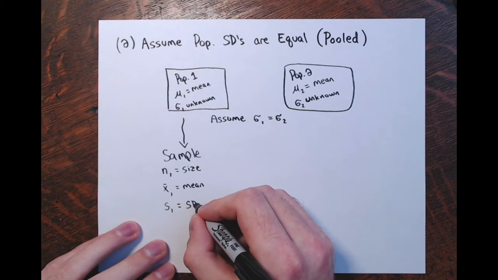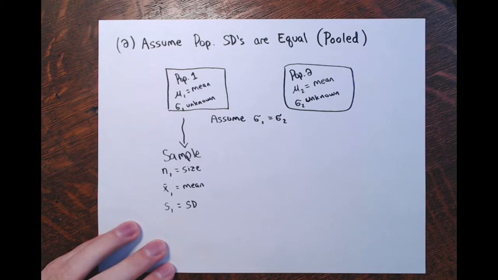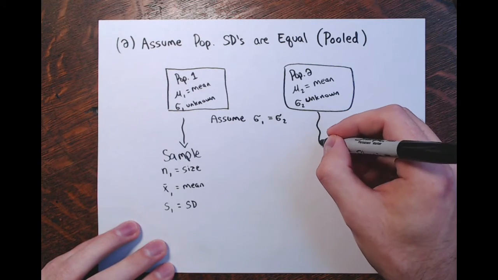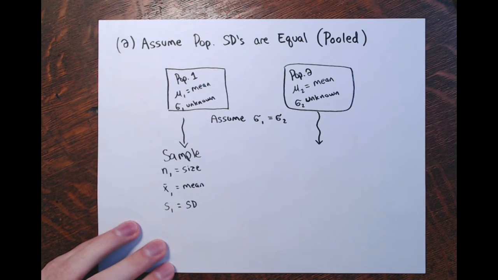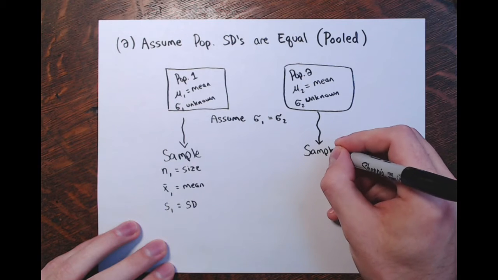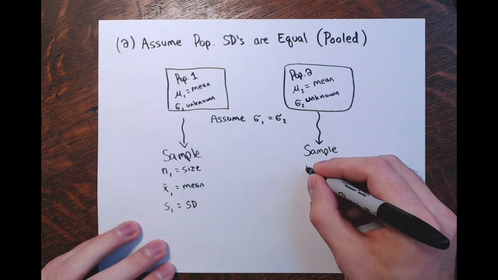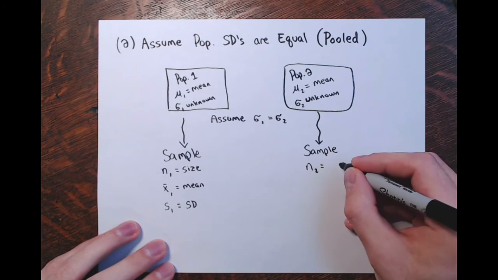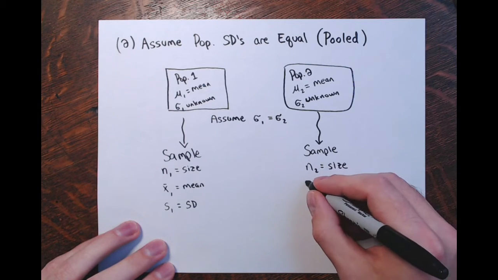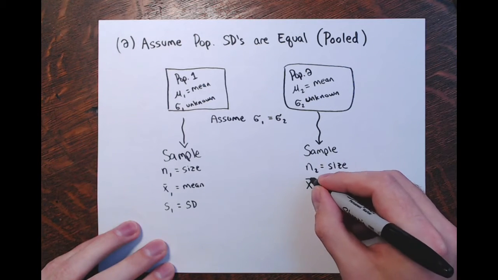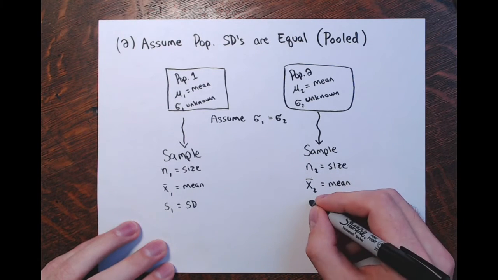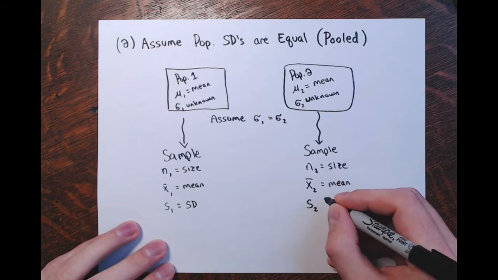I'll just say SD for standard deviation. And the same thing from population 2. From the other population, I pull a sample, and it's going to have a size of n2, a mean of x2 bar, and a standard deviation of s2.